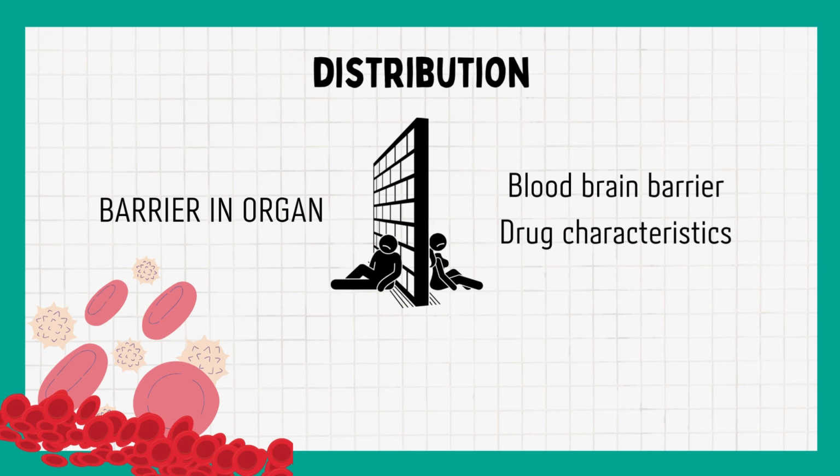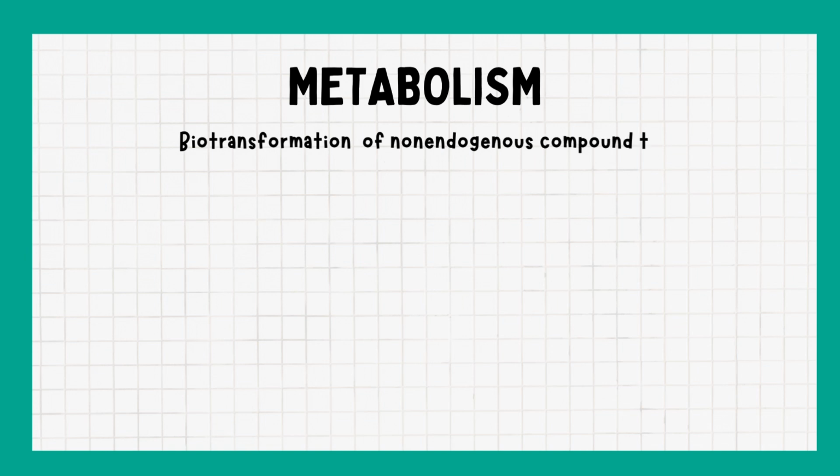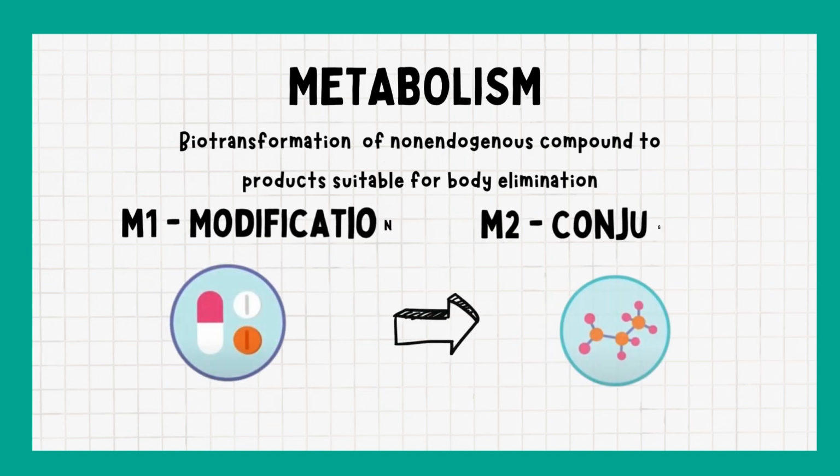the blood-brain barrier. The third step in the process of ADME is metabolism. Metabolism refers to the biotransformation of non-endogenous compounds to products suitable for body elimination. This process can be divided into two, which are modification and conjugation.